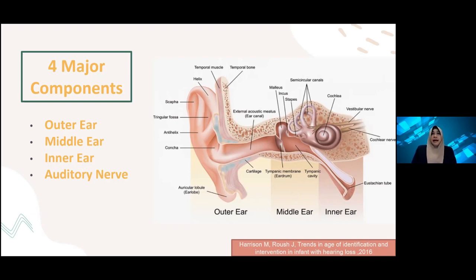These action potentials are carried by the auditory nerve through various centers in the brainstem and the auditory cortex for higher level processing. Obviously, a defect anywhere along this path could cause hearing loss.